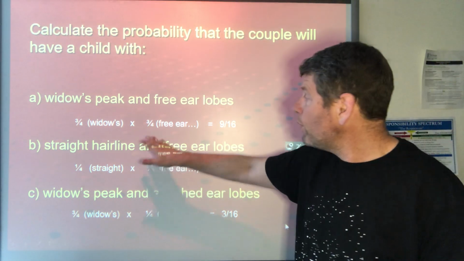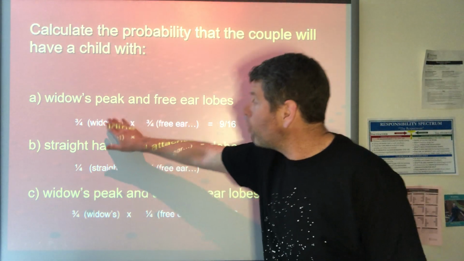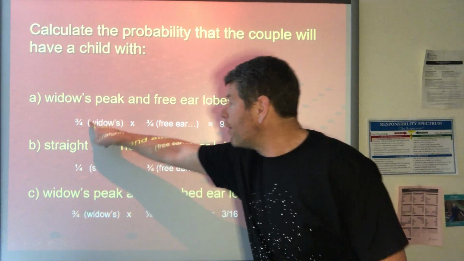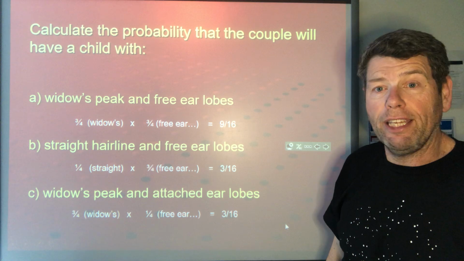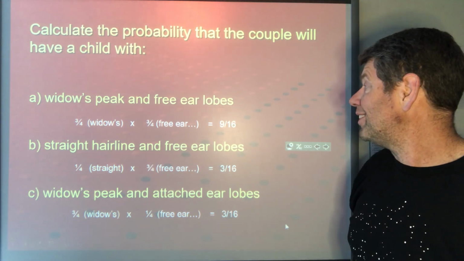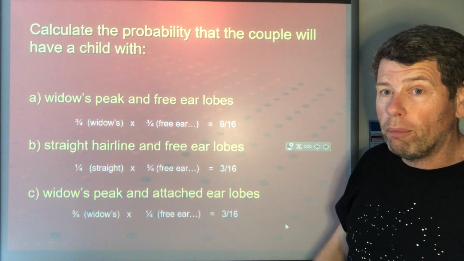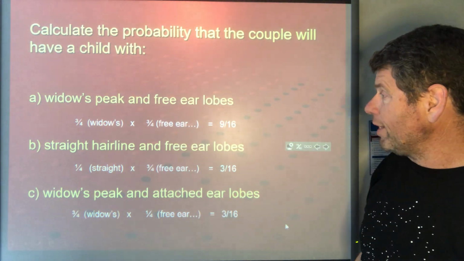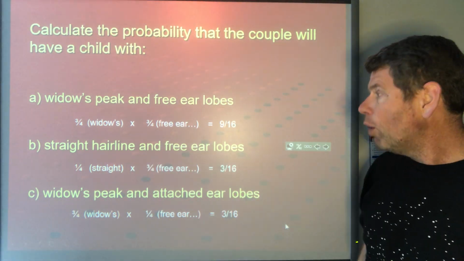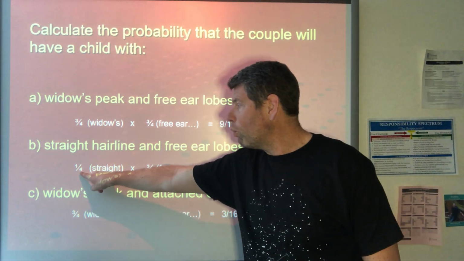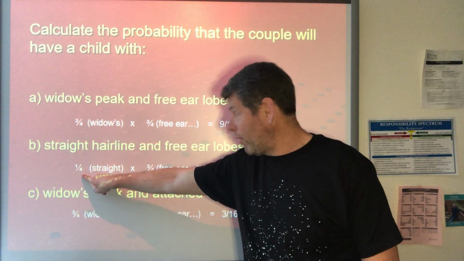And so if we wanted to predict a child having both of those together, we would multiply those probabilities and we would get a 9 in 16 probability. Theoretically, if they had 16 children, we'd expect 9 of them to have both of these dominant traits. What about a straight hairline and free earlobes? Well, this time the straight hairline is only a 1 in 4 chance. It's the recessive trait.